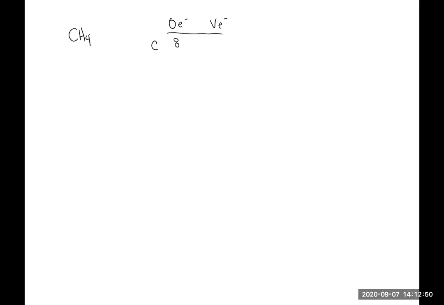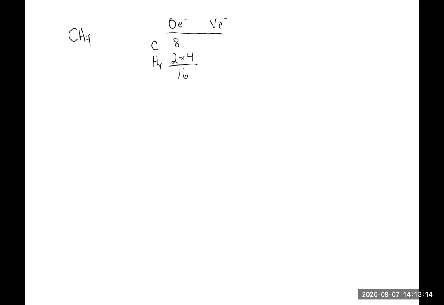They're happy with 2. So now we have hydrogen, but remember we have H4, so we have 4 of them. Hydrogen is happy with 2, the duet, but there are 4, so we have to take that into consideration. So 8 and 8 gives us a total of 16.